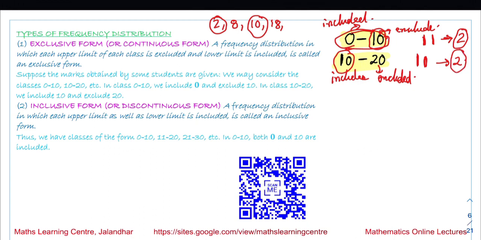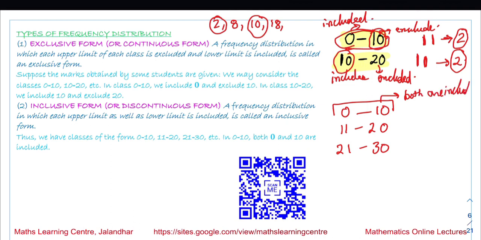When we are talking about the inclusive form, suppose I am saying 0 to 10, then 11 to 20, then 21 to 30. These are the forms we are talking about. It means 0 and 10 both are included. If I am talking about 0 to 10 in this form, how many students are there? 3 students.